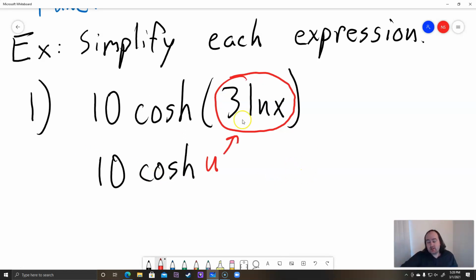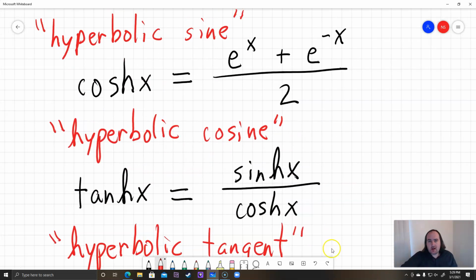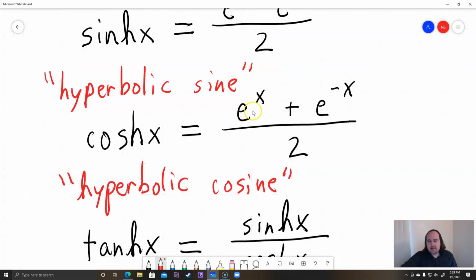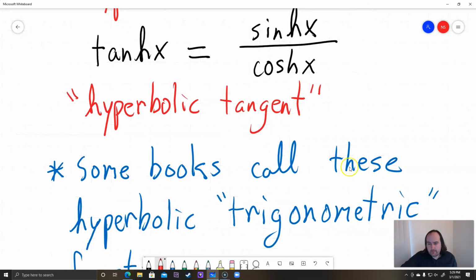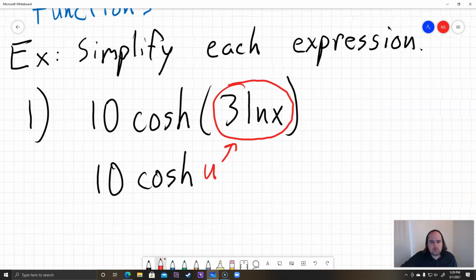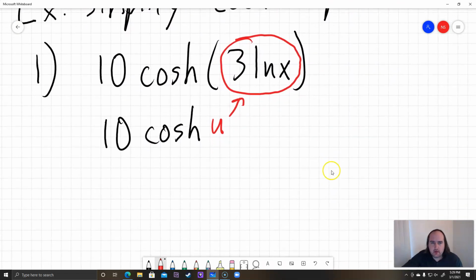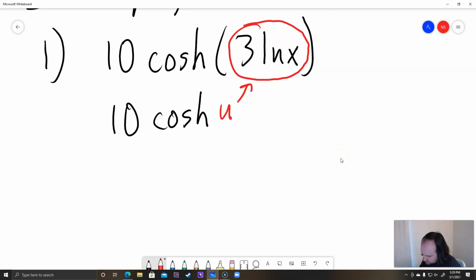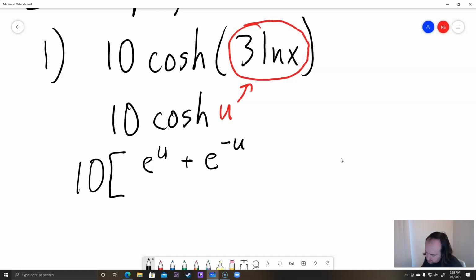So what's the definition of cosh of u? Well, we said cosh was e to the x plus e to the negative x all over 2. But here, instead of cosh of x, we have cosh of u. So it's going to be e to the u plus e to the negative u all over 2. And of course we still have a 10 out front. So we're going to have 10 times a quantity, e to the u plus e to the negative u all over 2.